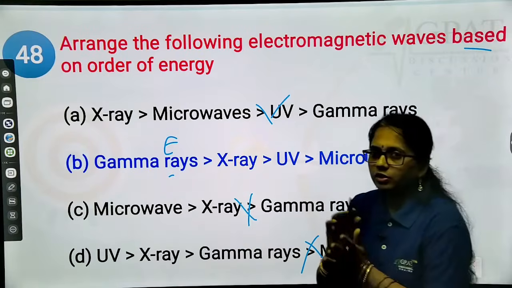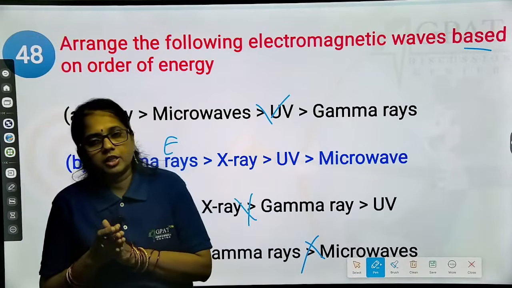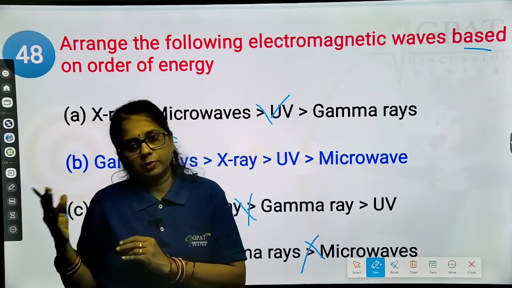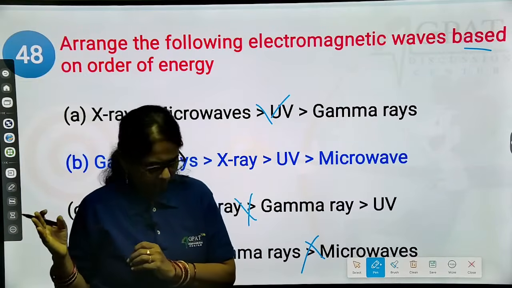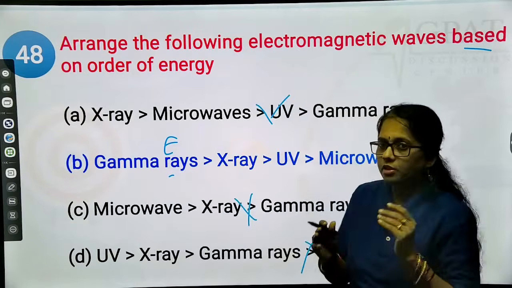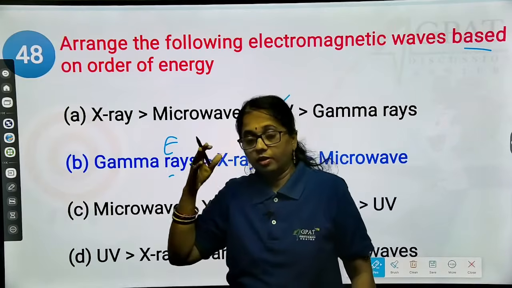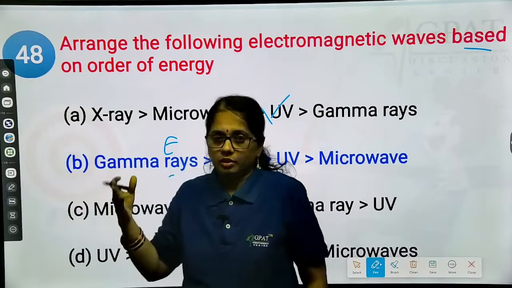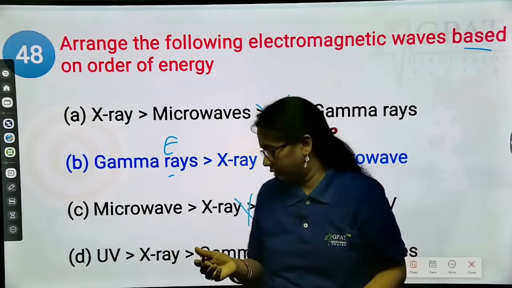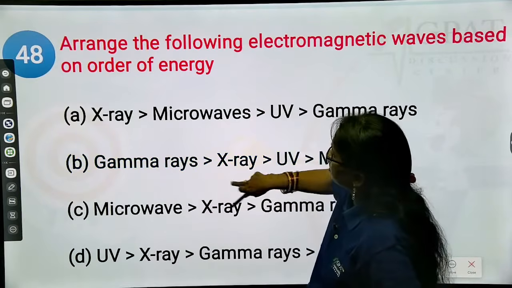After the UV, you observe the visible radiation, then IR radiation, then microwave radiation. In terms of wavelength, lastly we observe the radio waves, not the gamma rays. Gamma rays we see very first, as we have seen in the previous slides also.